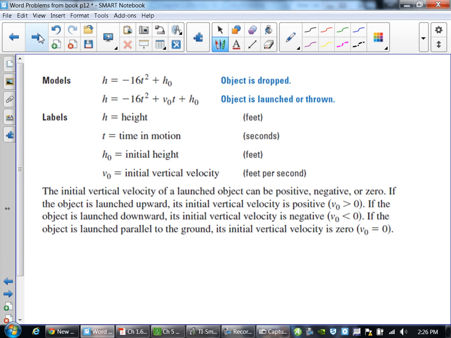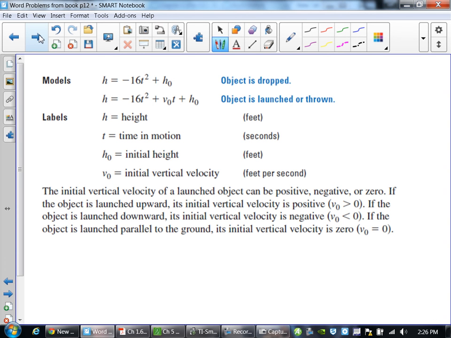No. I just let it go. I just dropped it. The moment I throw it, I gave it velocity outward.